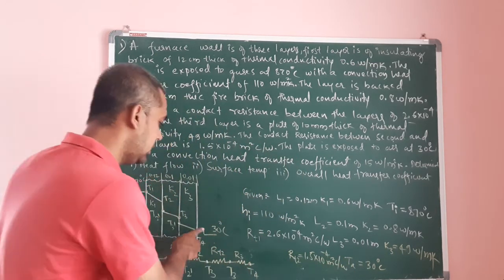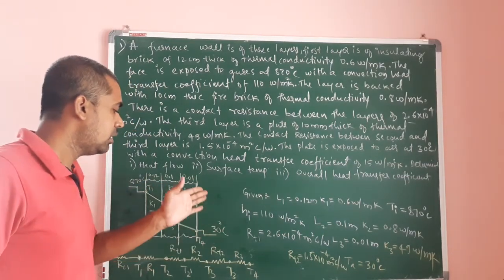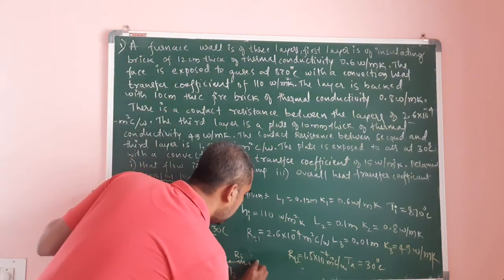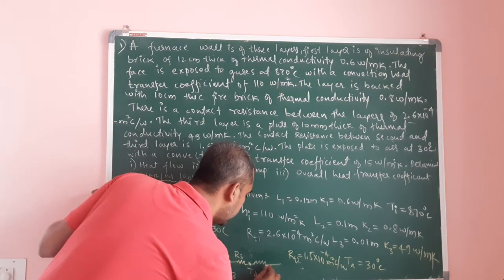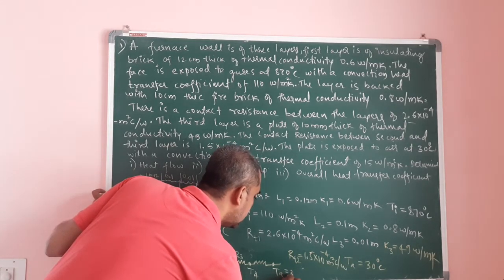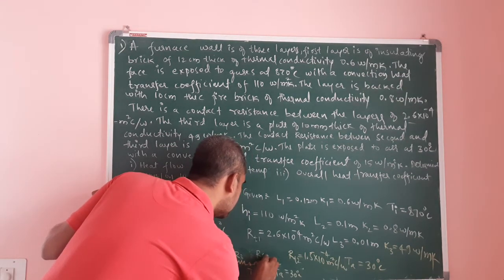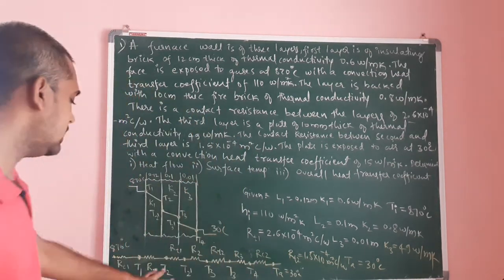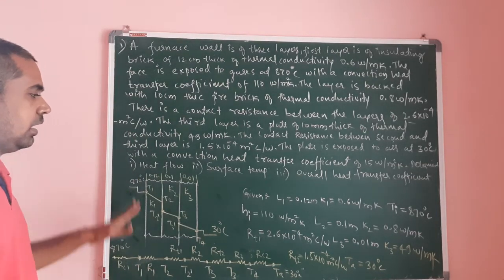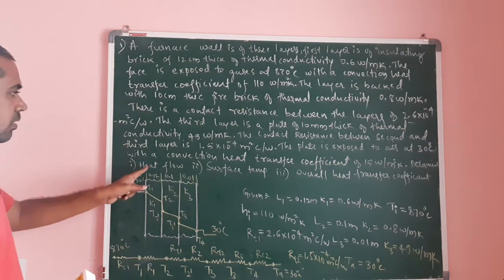Between T4 and the ambient, again there is convection heat transfer. Therefore, there will be a resistance for convection heat transfer from T4 to TA, which is 30 degrees Celsius. I will call it RC2. This is its equivalent electrical circuit.